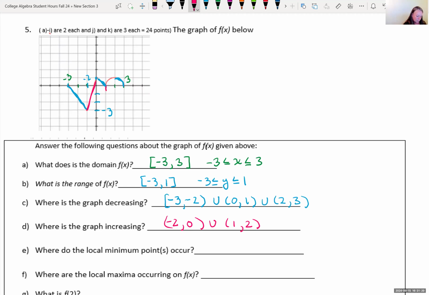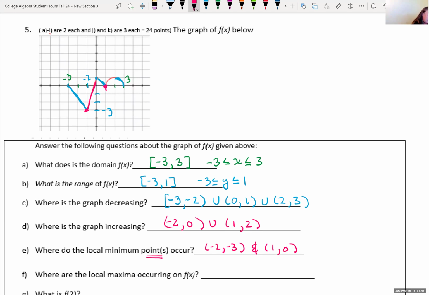Where are the local minimum points? So minimum points, that's where we're decreasing to increasing. It's asking for the point or points. So my x value at the minimum is negative 2 and my y value is 3. I notice I also have a minimum point here when x is 1, y is 0.